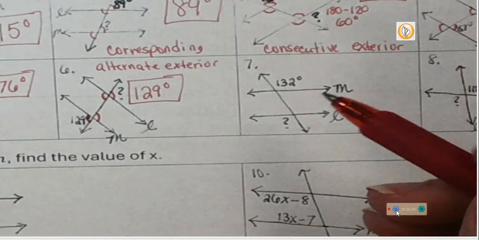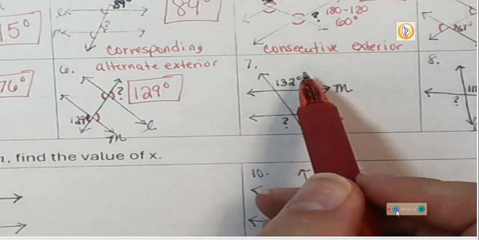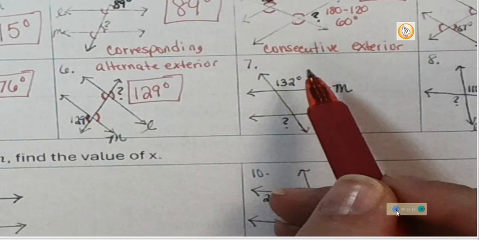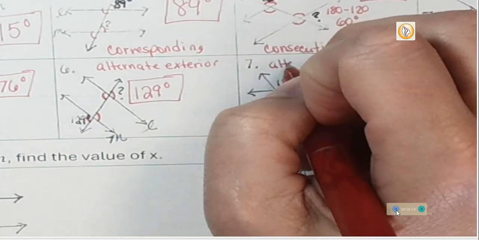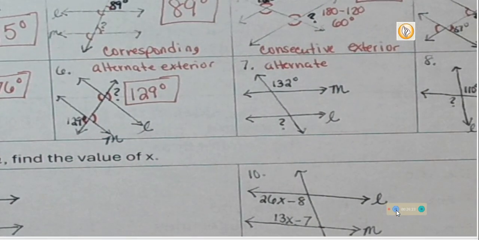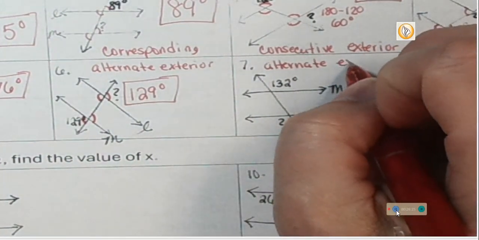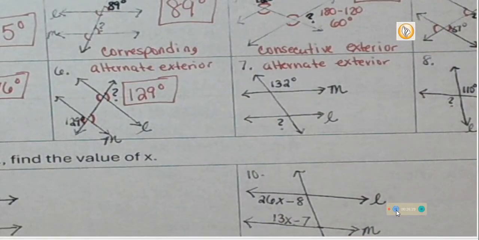All right, I've got 132 degrees, and then I've got this question mark. What is the relationship between those two? They're on alternate sides, so I know it's going to be alternate. Are they inside or outside of the parallel? Outside, so alternate exterior. Now, I'm going to use my zigzag.